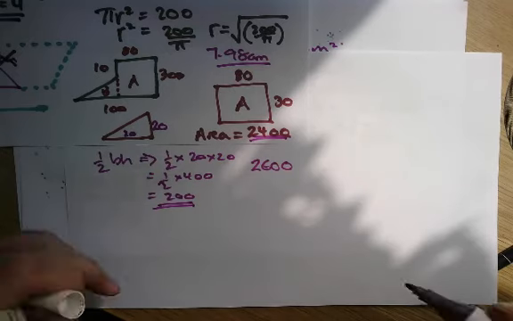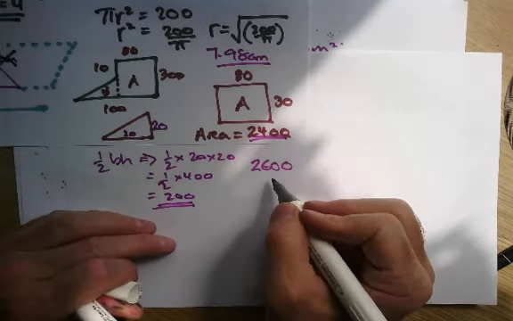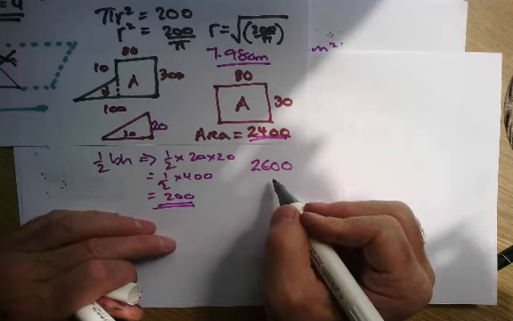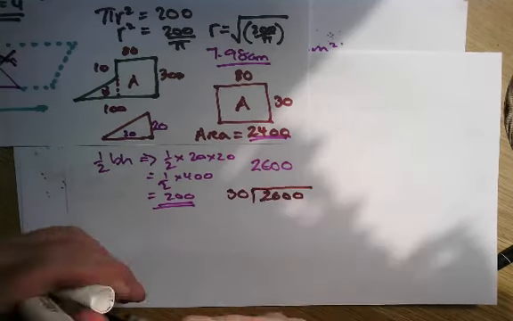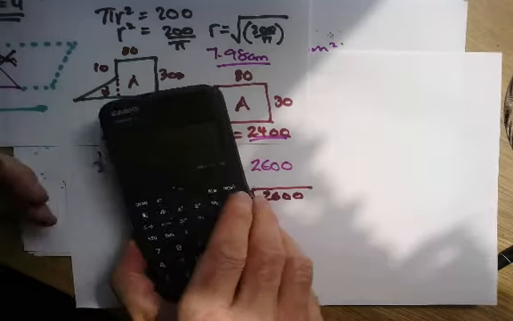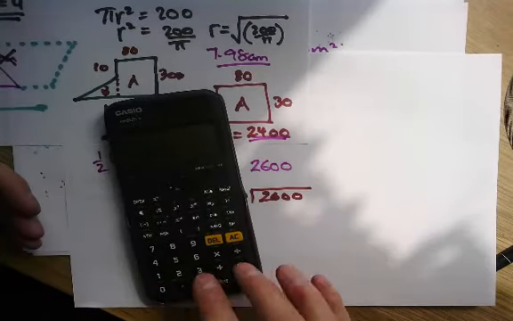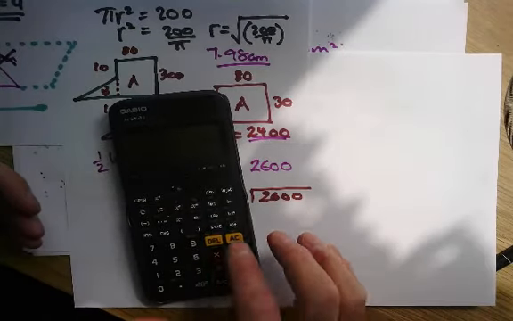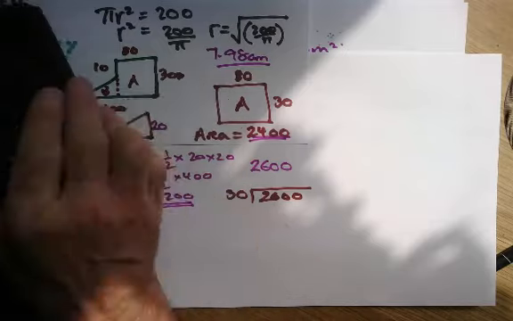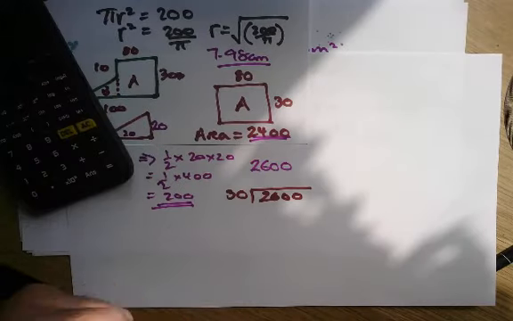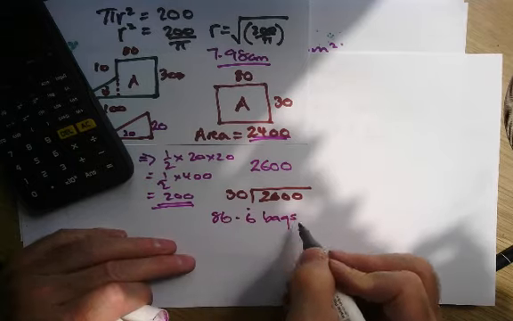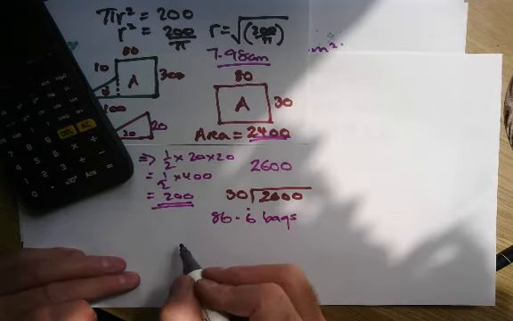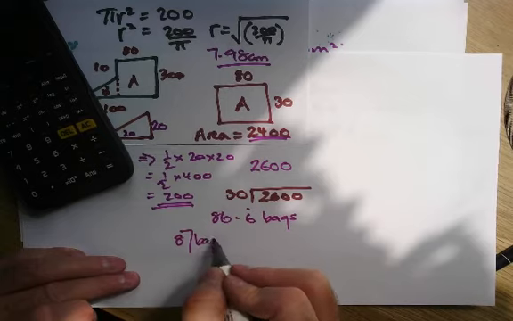And it says that each bag covers 30 meters, sorry. So how many 30 meters into that? So I do that, but in fact I'll use my calculator. 2600 divided by 30 equals, and I've got 86.6 recurring bags.